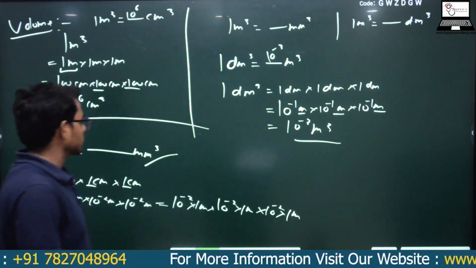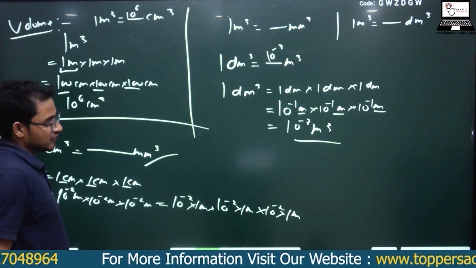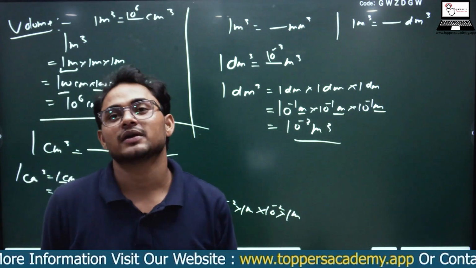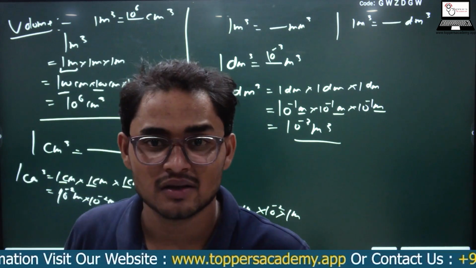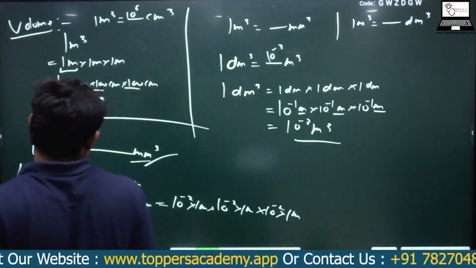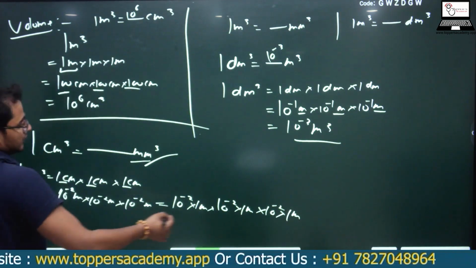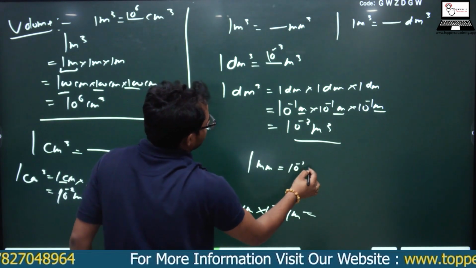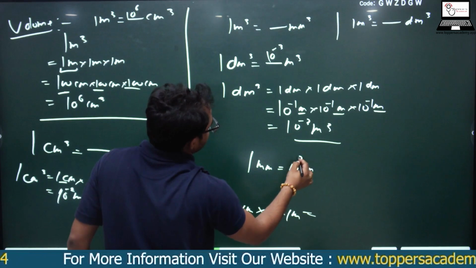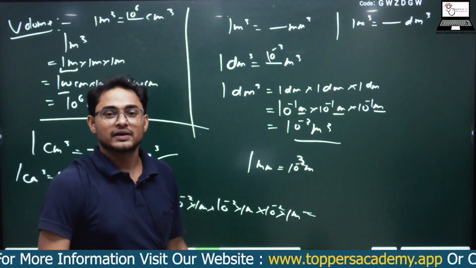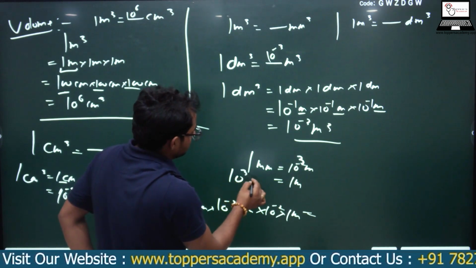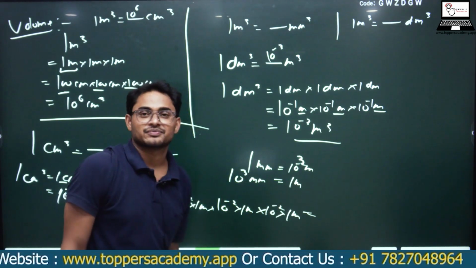Now I will have to replace the value of 1 meter in terms of millimeter, because we require the answer in millimeter. So listen my dear students, as we know that 1 millimeter is equal to 10 to power minus 3 meter, because the meaning of milli is 10 to power minus 3. So obviously 1 meter will be equal to 10 to power 3 millimeter.